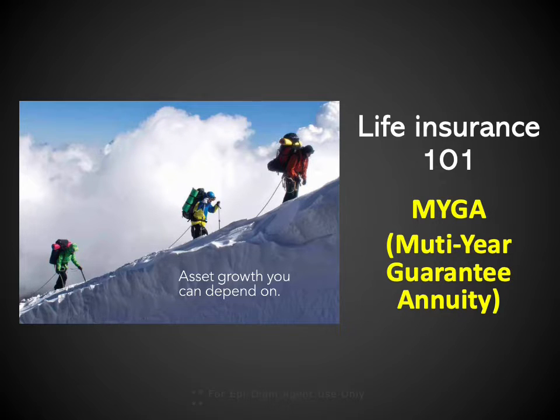Well, here's how we should look at it. MYGA is a part of fixed annuity, but fixed annuity means that you have a fixed interest rate every year. Let's say you put money in today and the insurance company guarantees 2.9%.